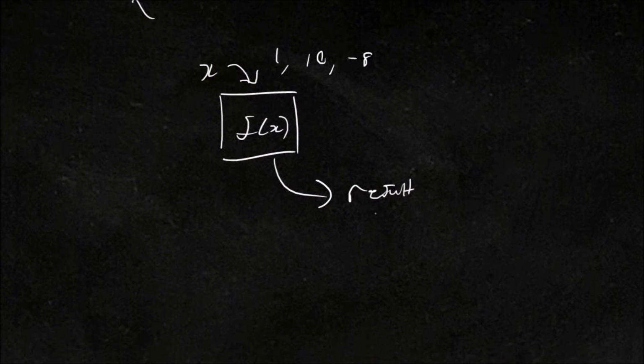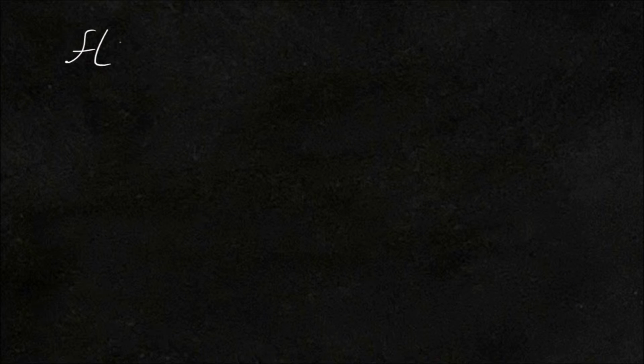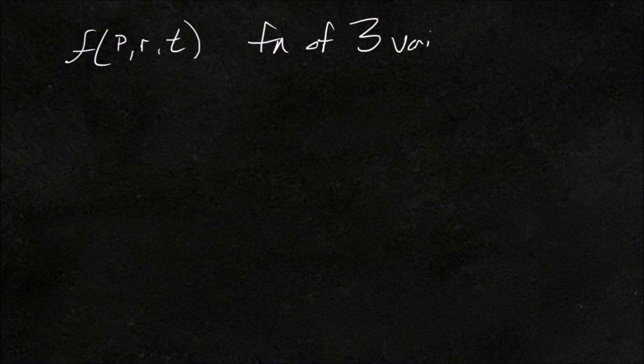And it's also possible to use a function of multiple variables. So if we looked at the function f of p, r, and t, this is a function of 3 variables. And this function can be used for us to calculate the interest of a loan.